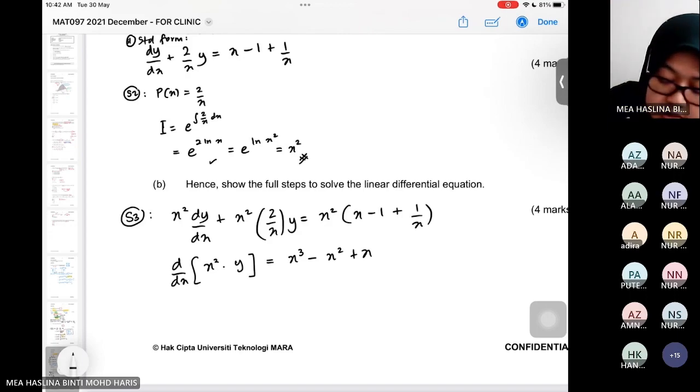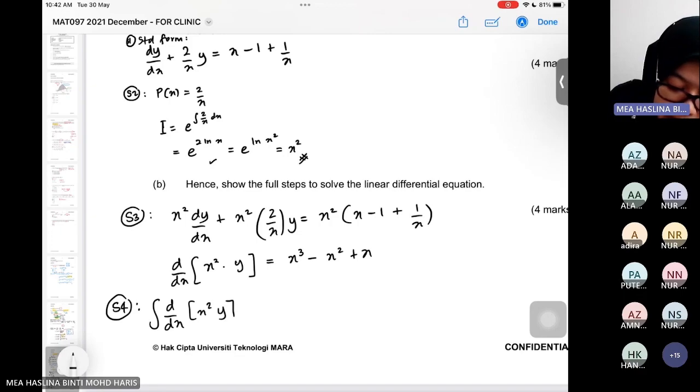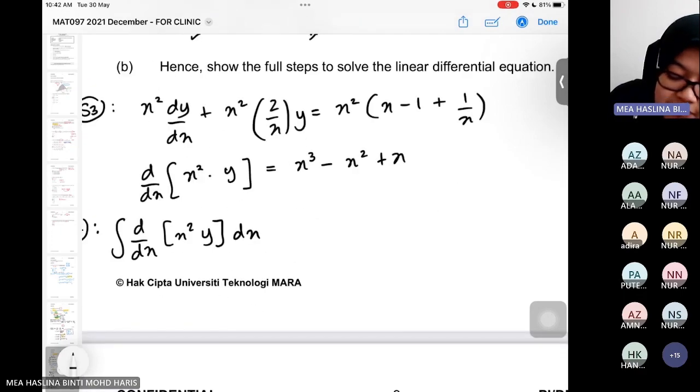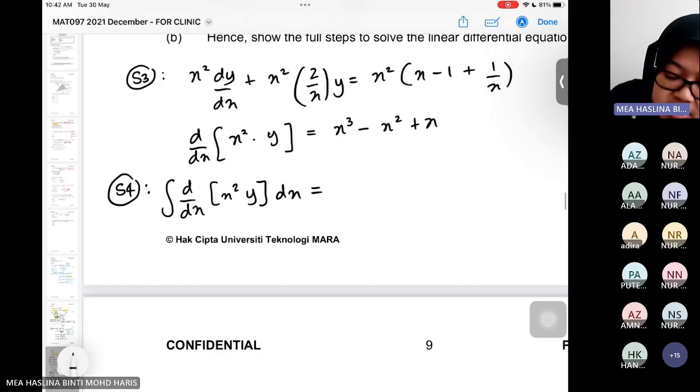Then what would you do? Integrate both sides. That is step 4. So d/dx of x squared y dx equals the integral of x cubed minus x squared plus x dx.